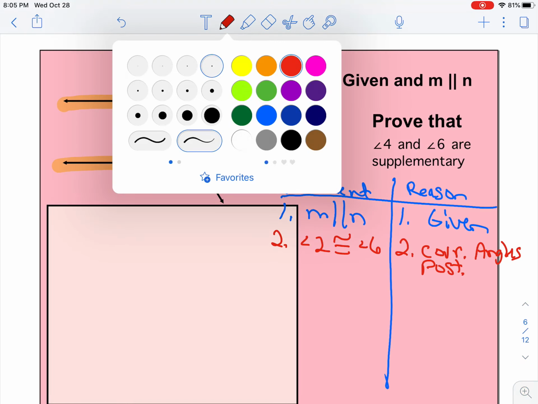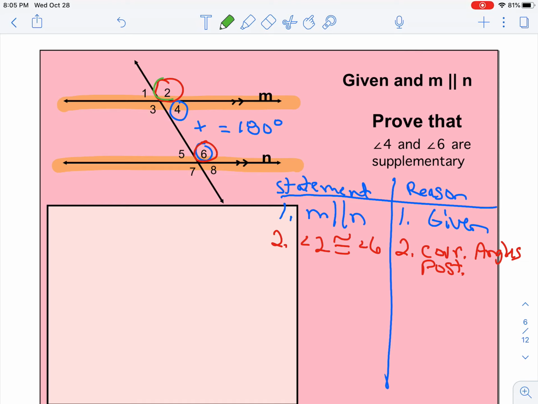And we also know that angle 2 and angle 4 are supplementary. How do we know that? Well, that is by definition of a linear pair, or that is our linear pair postulate.